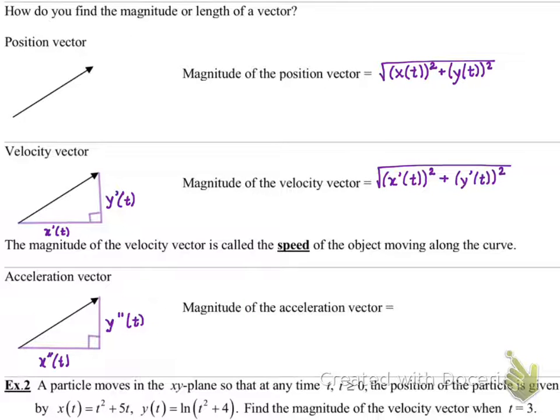And I hope it would be obvious that the magnitude of the velocity vector is the speed of the object moving along the curve, and the magnitude of the acceleration vector is just, again, the Pythagorean theorem, the square root of the second derivative of the x value squared plus the second derivative of the y value squared.